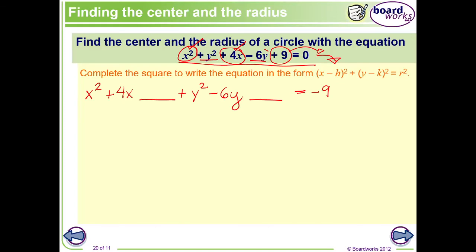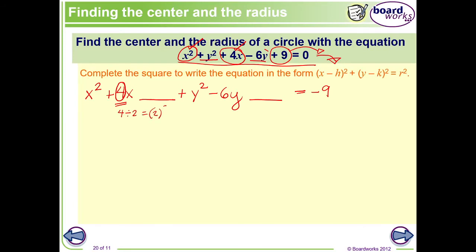Now, the next thing to do, you divide that by 2. Divide that by 2, how much? 4 divided by 2. 2. 4 divided by 2, that's 2.